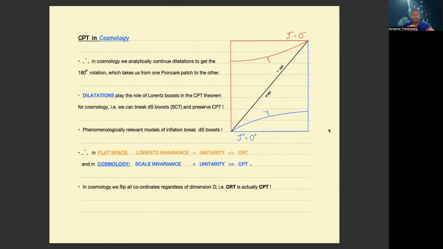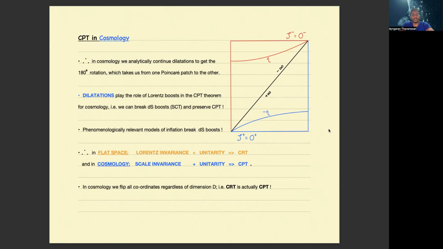And dilatations play the role of the Lorentz boost in the CPT theorem for cosmology. And this is very important because this means that we don't actually need the full de Sitter boost in cosmology in order to obtain CPT. And this is very relevant for phenomenologically relevant models of inflation because these generally break de Sitter boosts.